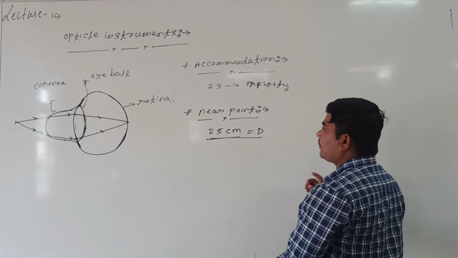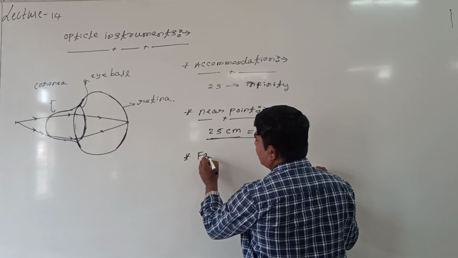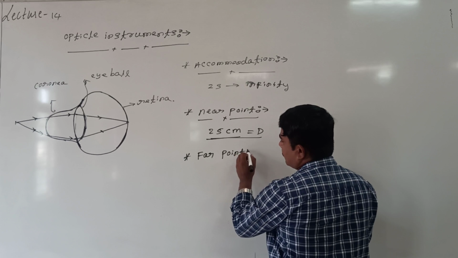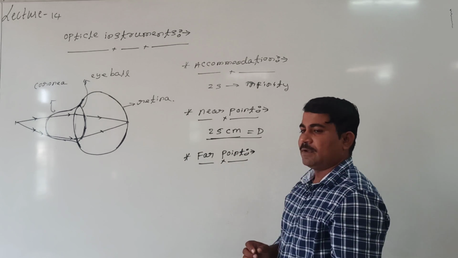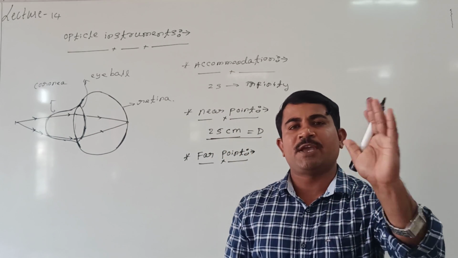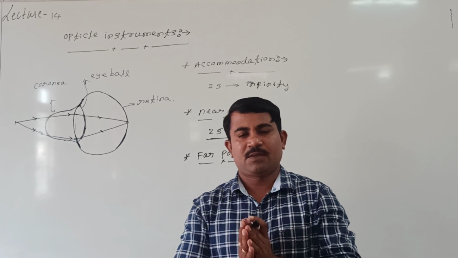Then, after that, one more point we are defining, that is far point. Far point means the larger distance from the human eye in which the image of the object can appear on the retina. How it is?